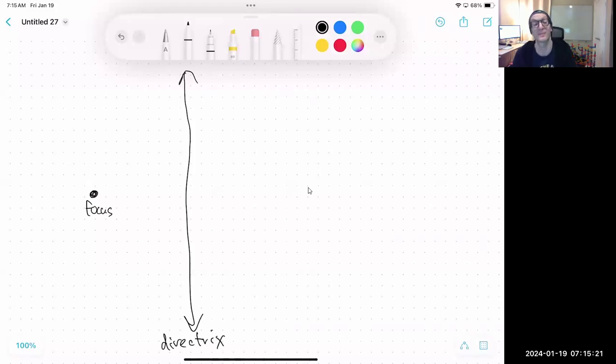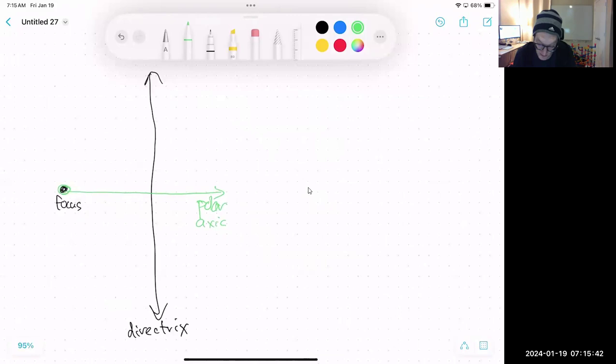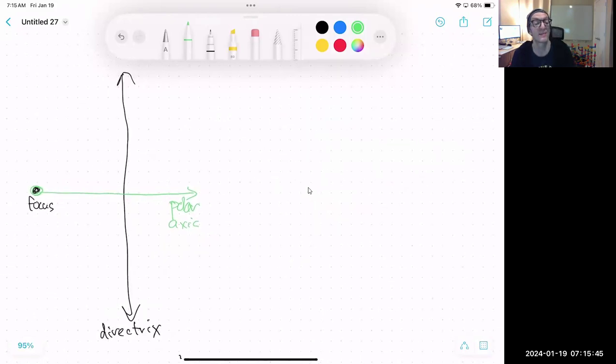When we establish the polar coordinate system, I again put my pole at the focus, and I make my polar axis perpendicular to my directrix.